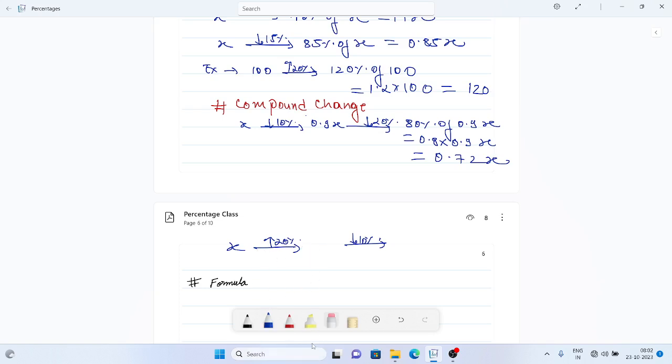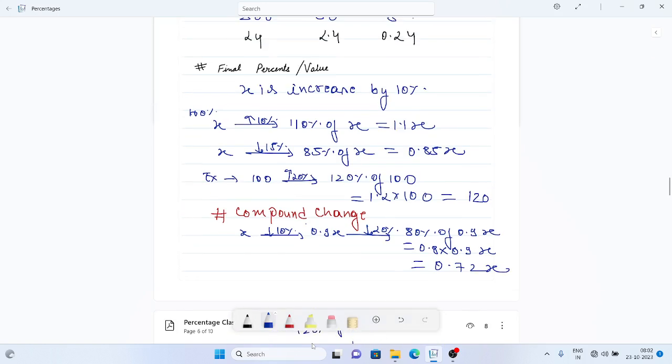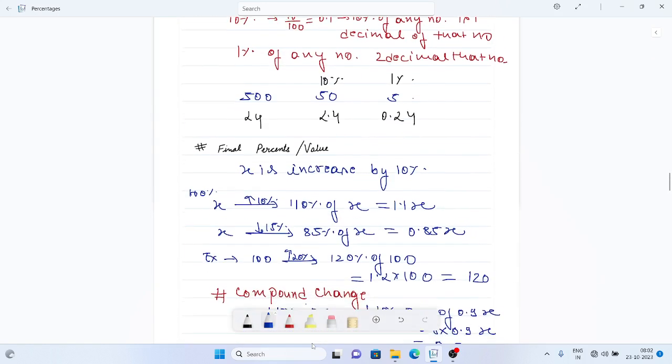It is increased by 20%. So it is 120% of x. So here 1.2x. Here decreased by 10%. So 90% of 1.2x, which is 0.9 into 1.2x. Now the value you can calculate, the value is not important, the concept is important. So please note it down, then we move forward.